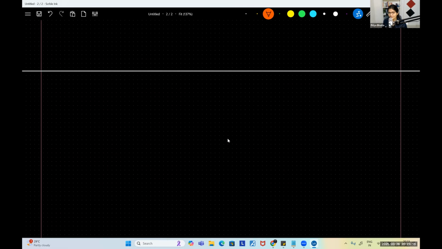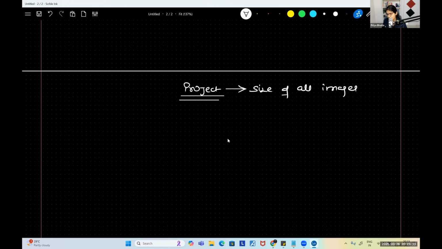So always remember, whenever you are working with any project, your first task is to carefully check whether the size of all the images in a given data set is the same or not.